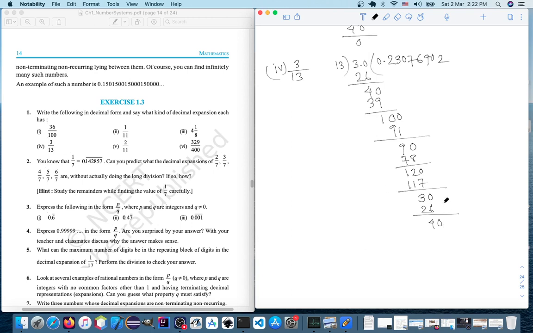We can see 3 by 13 equals 0.230769 and then 230769 again, so this will basically be 0.230769 bar. So this is non-terminating recurring.